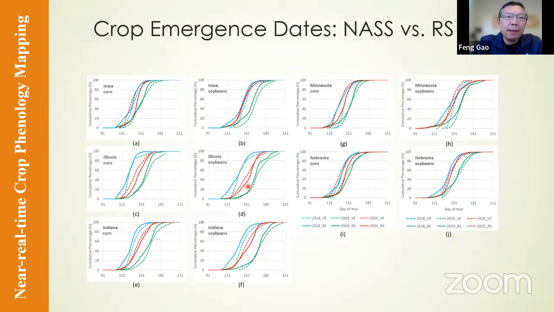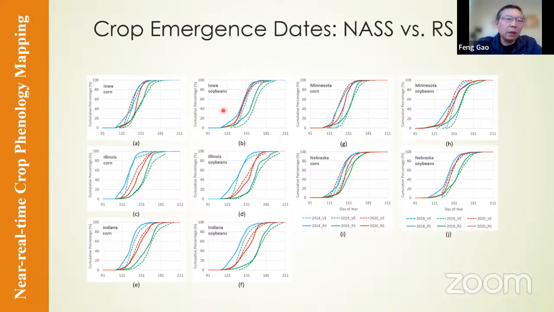As you know, NASS has a crop progress report. They include the crop emergence data, but they provide a state-level assessment. This plot is the cumulative percentage of the crop emergence. The dashed line is from the NASS crop progress report, and the green emergence from remote sensing is shown as a solid line.